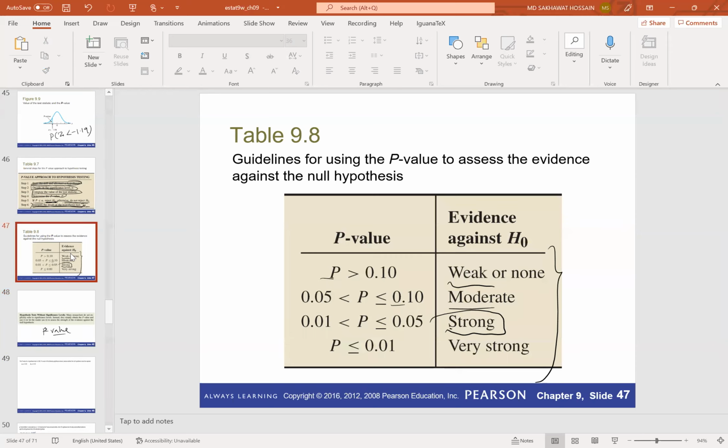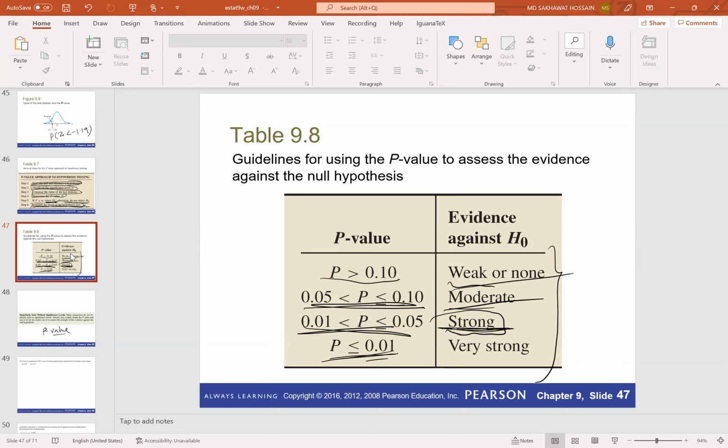If the p-value is this one, they say there is no evidence. If the p-value is between these two numbers, they say there is moderate evidence. And if the p-value is between these two numbers, they say strong evidence against the null. If the p-value is less than 0.01, they say very strong evidence against the null.